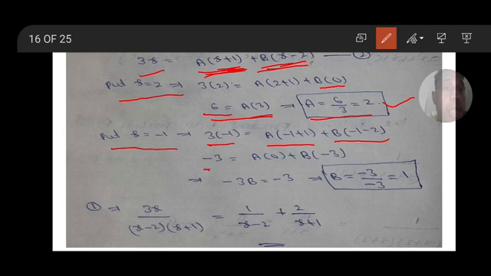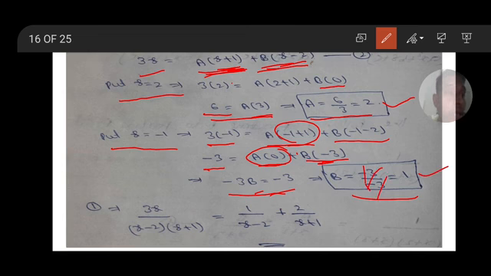So minus 3, a into (minus 1 plus 1) means 0, a into 0 plus b into (minus 1 minus 2) means minus 3b. So minus 3 equal to minus 3b. So b equal to minus 3 by minus 3, that is 1.